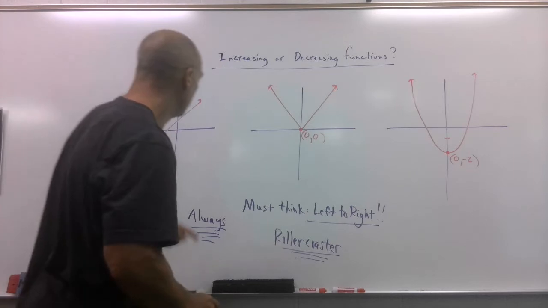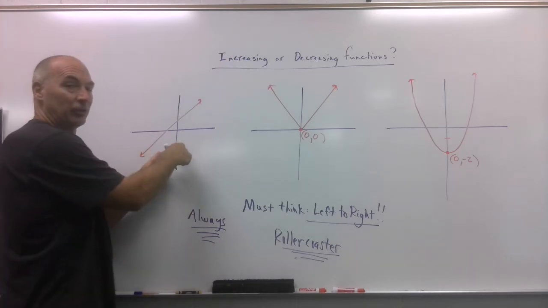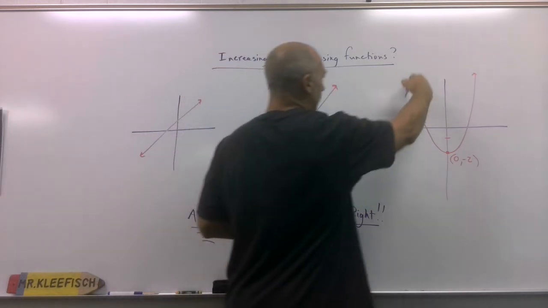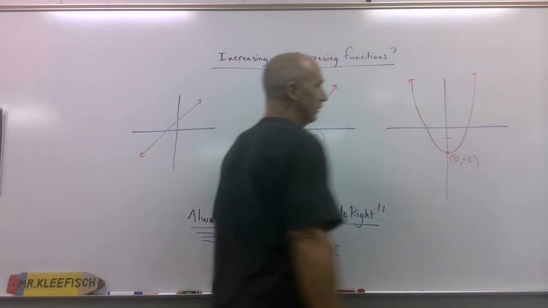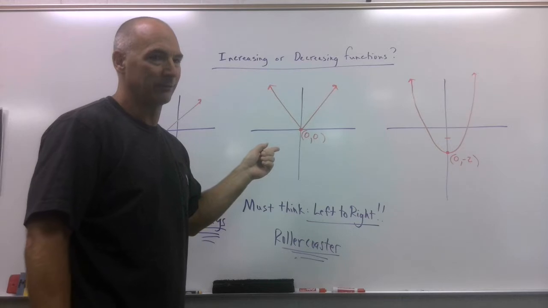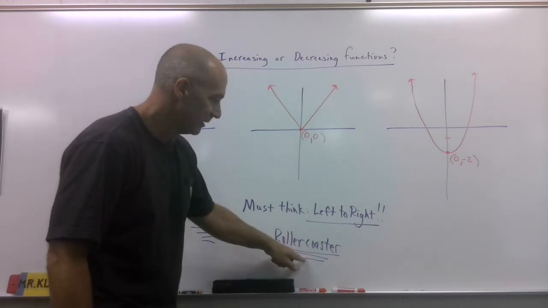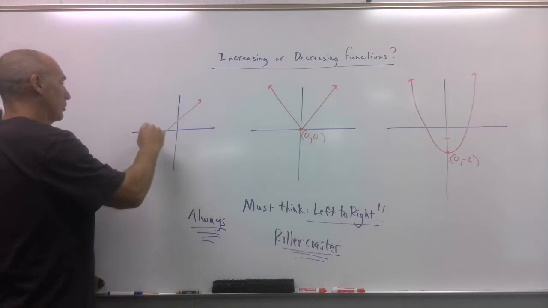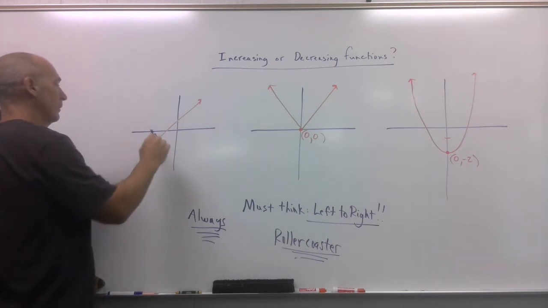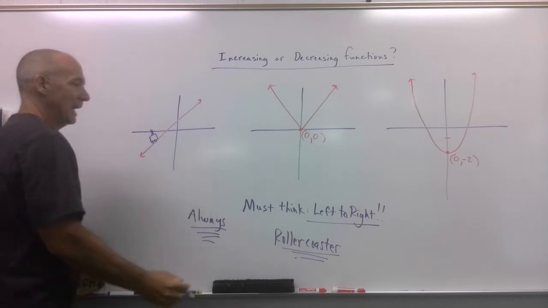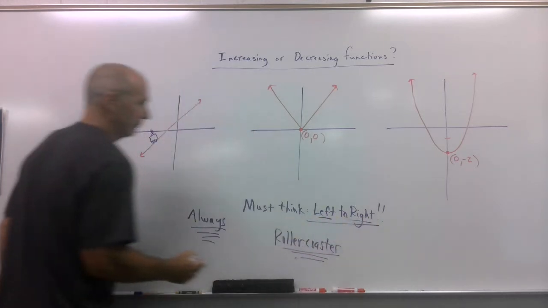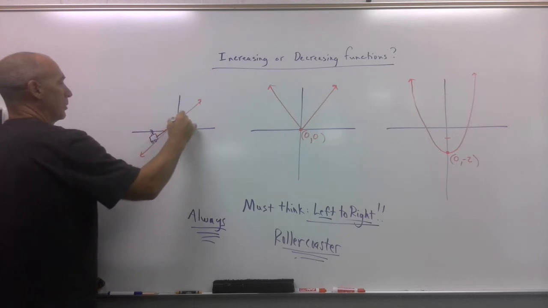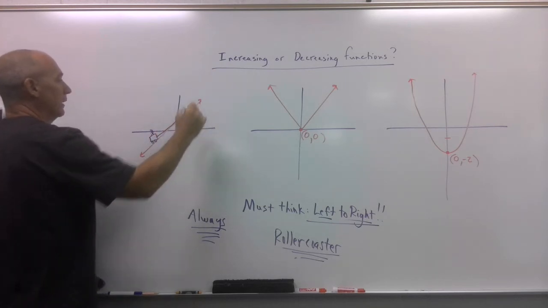For example, notice this is a very consistent looking graph. This one down, up. This one down, up. Now, if I take this idea of a roller coaster, and I put myself in the roller coaster right here, and I have to move left to right, my little roller coaster cart will be going up.